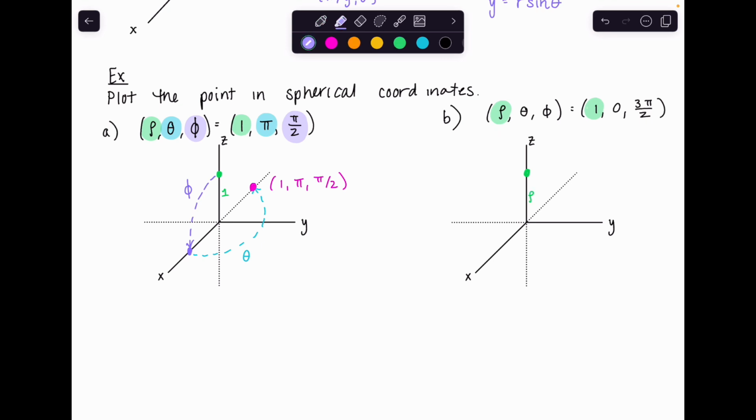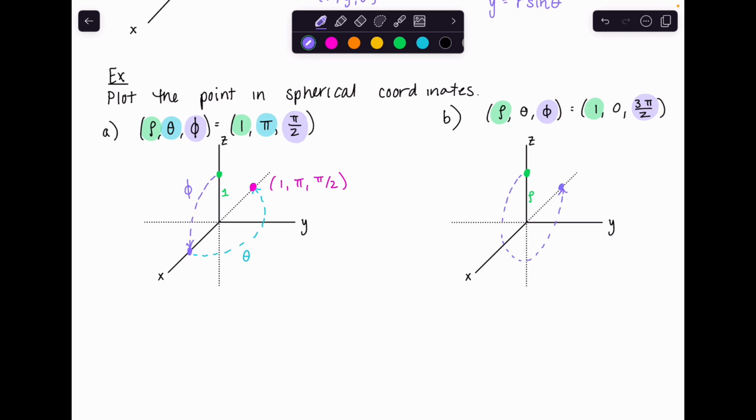Now I'm going to plot phi, and this is 3 pi over 2, so that tells me I'm going 270 degrees. So I'm going to start here and head towards the x-axis, and 270 is going to land me back here. So phi goes down and stays on that circle of radius 1, and then lands right here.